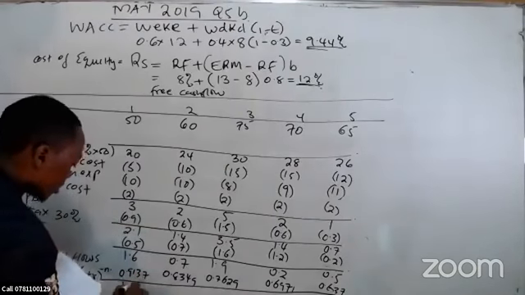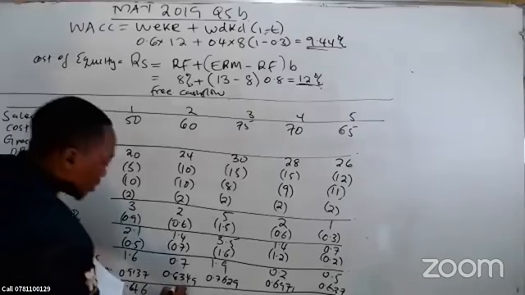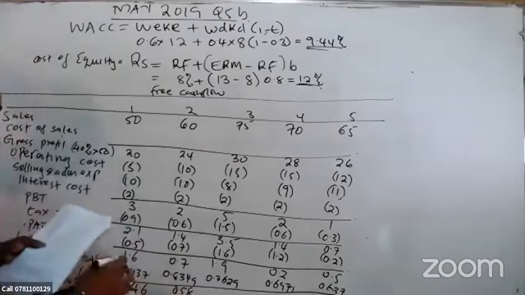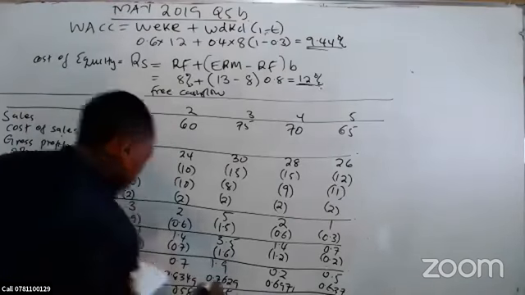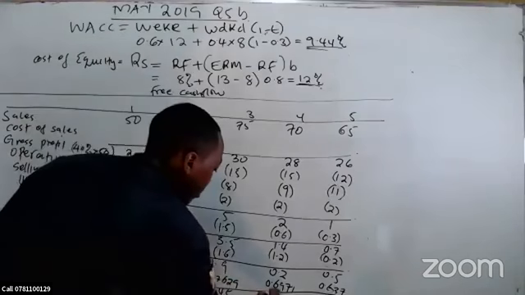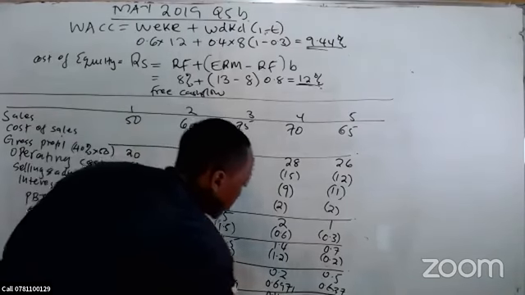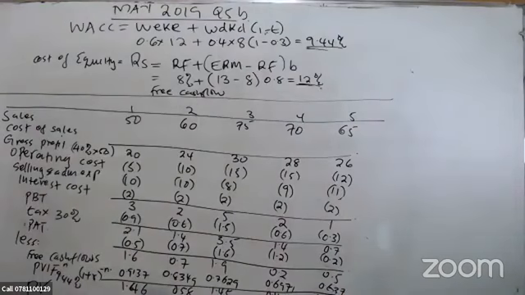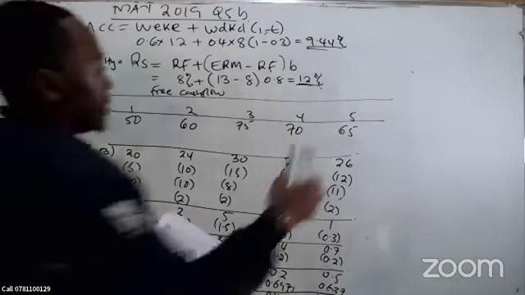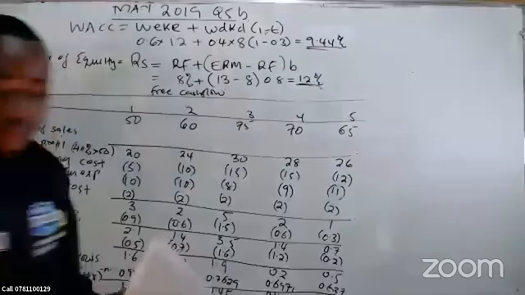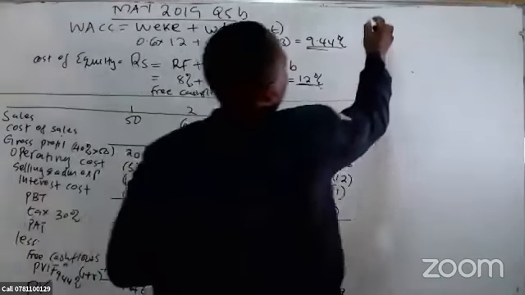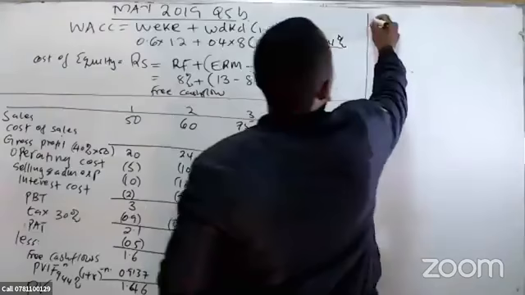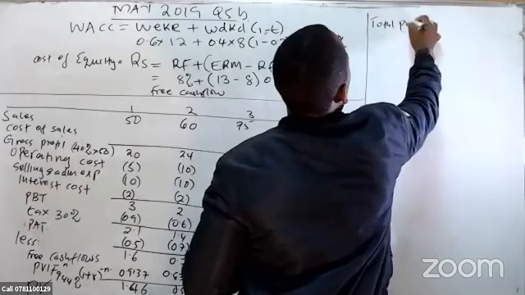From there now we can get the present values. 1.6, 1.46, 0.58, 1.45, 0.14, 0.32. So now let's get the total present value.